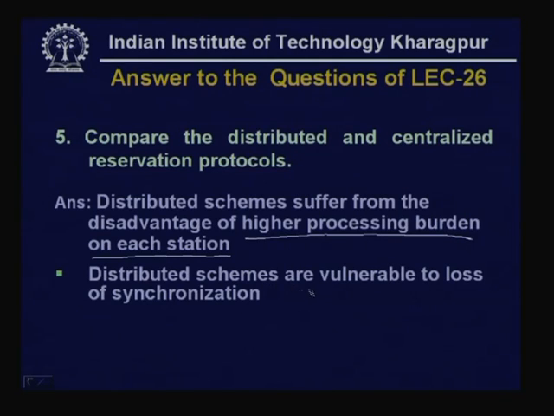Moreover, the distributed schemes are vulnerable to loss of synchronization, because synchronization is very much essential, and in distributed schemes it cannot be done easily, whereas it can be very easily achieved in centralized schemes, and that is why centralized schemes have some advantage. However, distributed scheme is preferred, because if the centralized station fails, then the medium access control cannot be done. So, it is much more reliable.